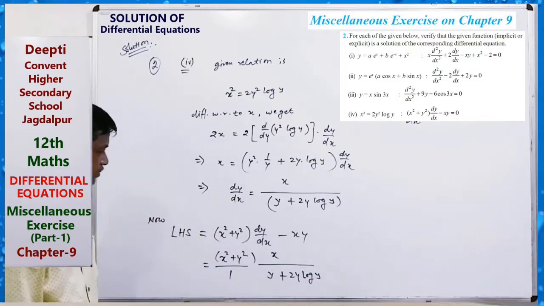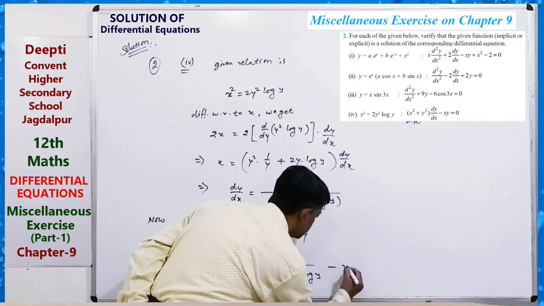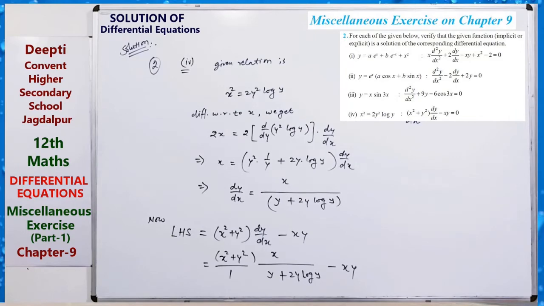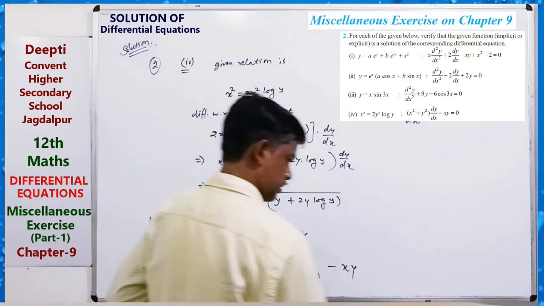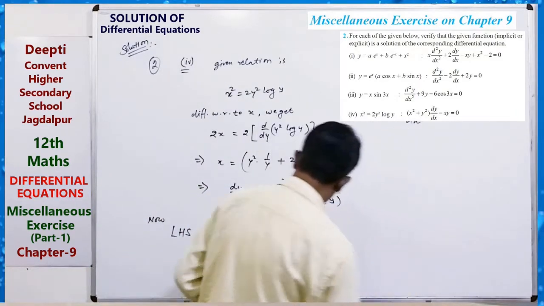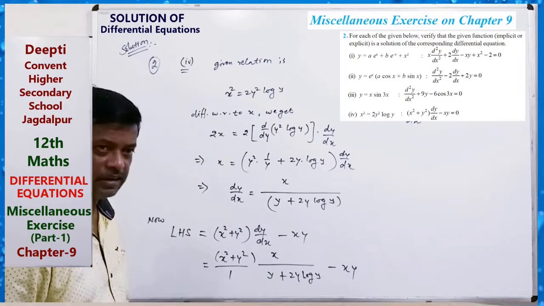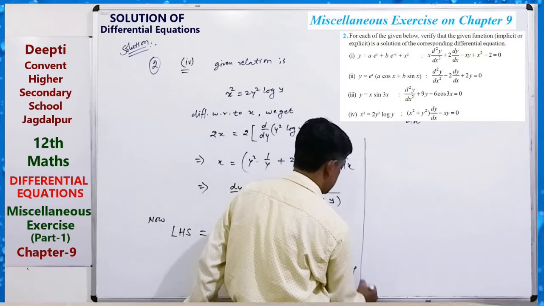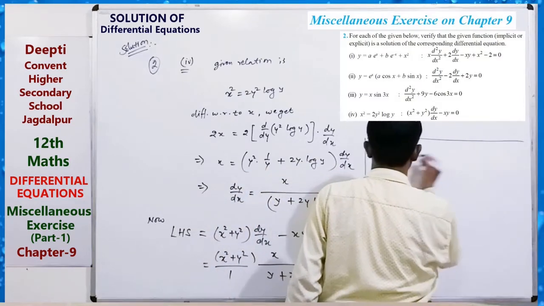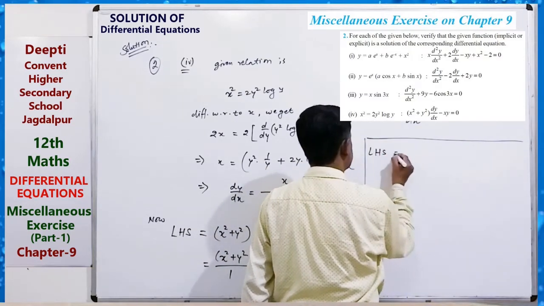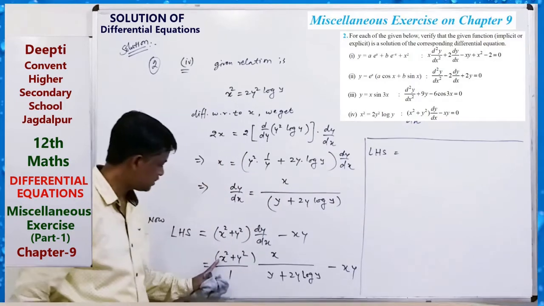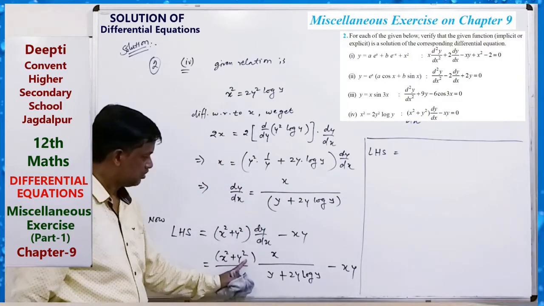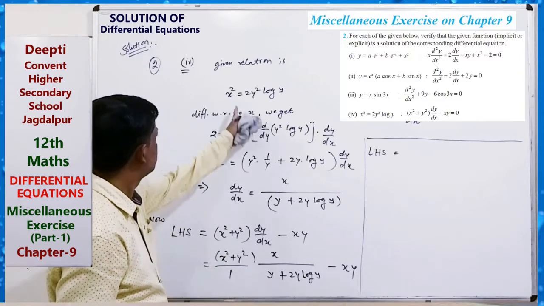Okay, this minus xy. Now after this line, the left hand side is equal to x square plus y square.